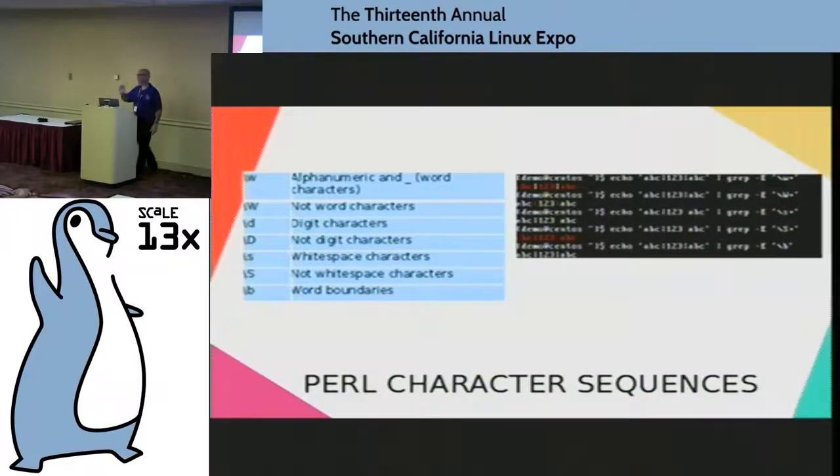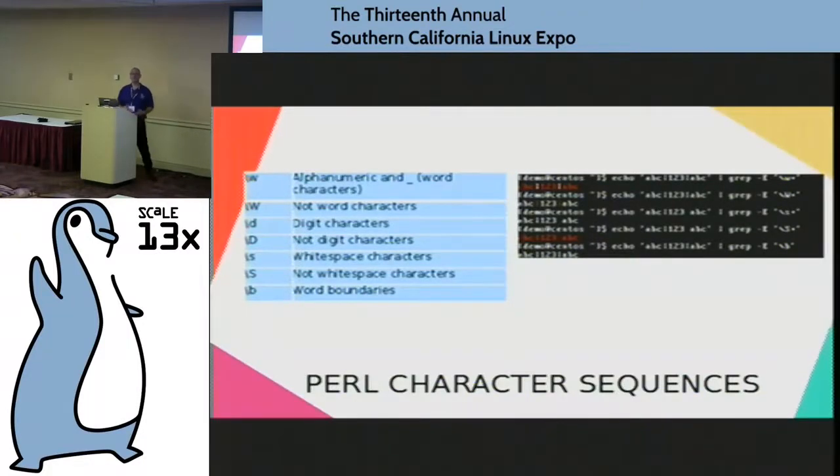Okay, so I mentioned backslash isn't necessary in Perl to protect expressions that might be basic, but it does have a special meaning of escaping those characters that are regular expression characters that you want to just literally match themselves. But we also, instead of having named character classes, have these character sequences, like backslash lowercase w will match any alpha, numeric, or underscore character.